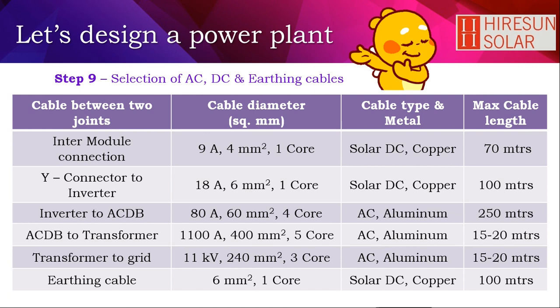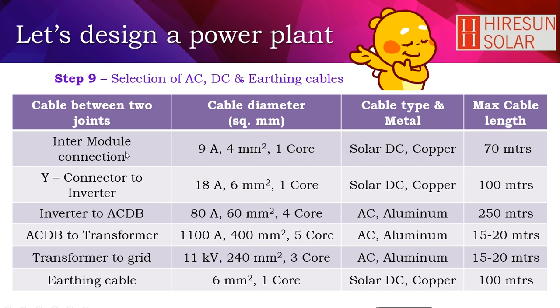Ultimately we have the solar PV, which is now 1 megawatt capacity. We have the interconnection of multiple modules. In the multiple modules we use a 9 ampere single core cable, because the short circuit current remains the same when connected in series, though it is more for a single module. For star and delta connectors, we have 18 ampere. Then we have the inverter.